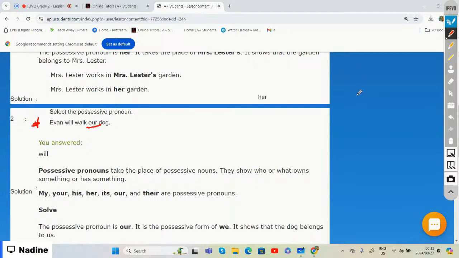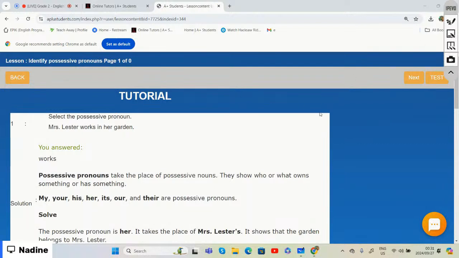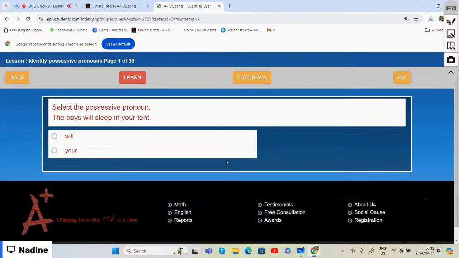All right, so now we're going to our test where we are going to identify possessive pronouns. We need to identify the possessive pronoun within the sentence. It says, select the possessive pronoun.